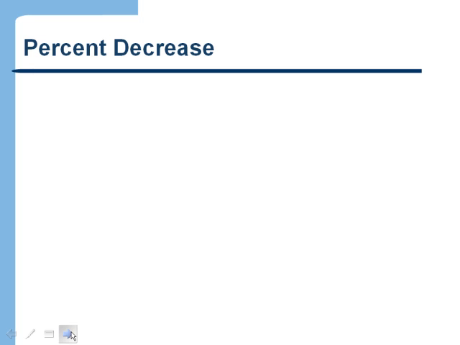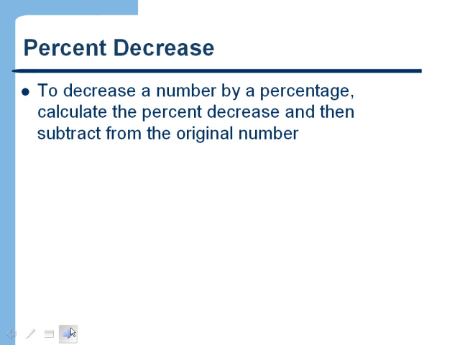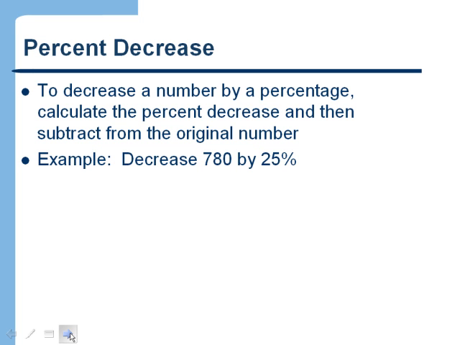Finally, let's look at percent decrease. Percent decrease, same idea as percent increase. So here, to decrease a number by a percentage, calculate the percent decrease and then subtract it from the original number. So in this example, it says decrease 780 by 25%. So the first thing we would do is take 25% of 780, or 0.25 times 780.